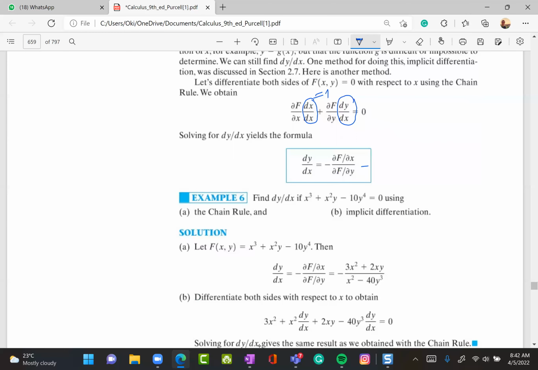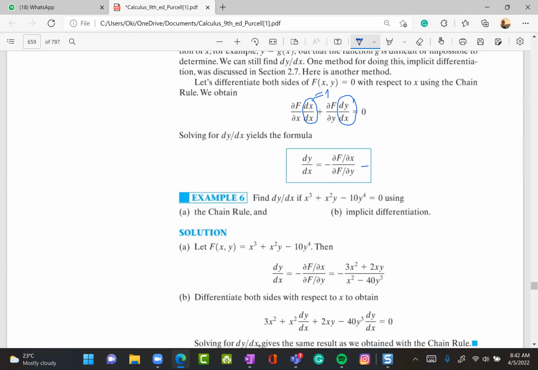For example, this one here. You need to find dy dx given a curve defined by x cubed plus xy minus 10y cubed equals 0. Because there's a power 4, in general it's impossible to find y explicitly. However, you still can find dy dx.